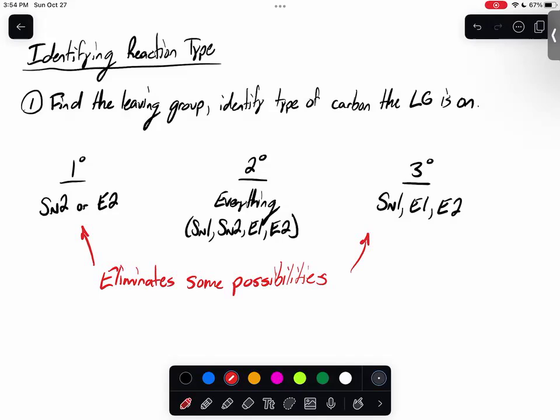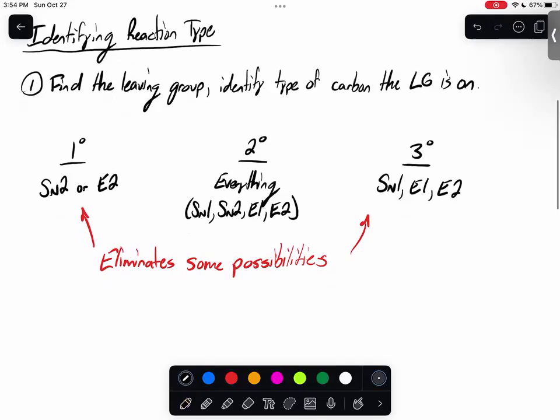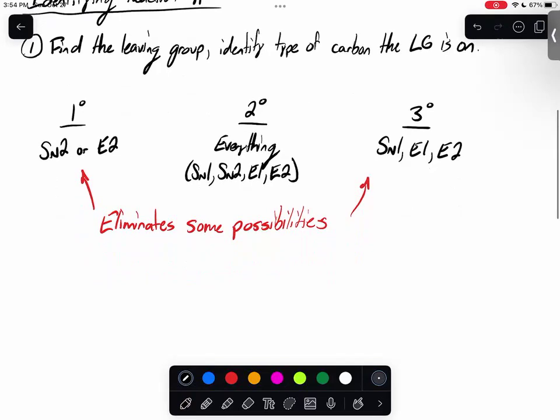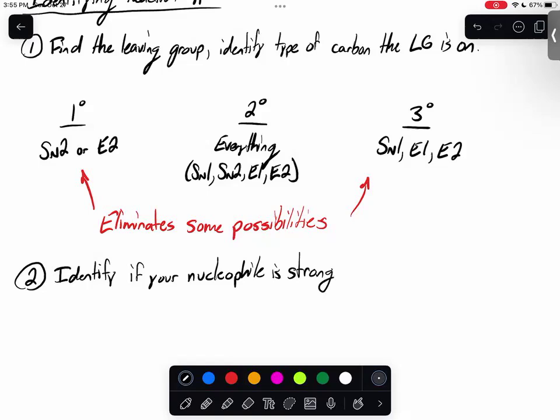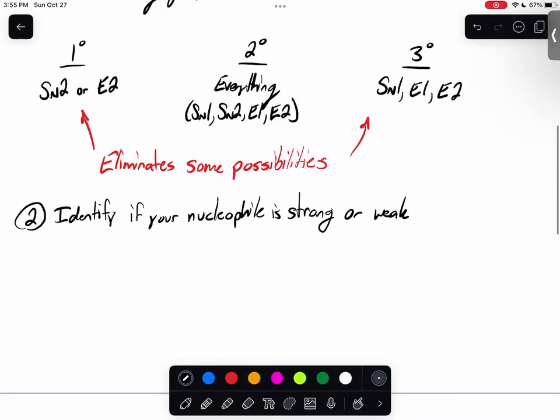So the second thing that you're going to want to do, once you've figured out what type of carbon the leaving group is on, is identify if your nucleophile is strong or weak. Because as a reminder, that can actually change what type of reaction we are looking at. We talked about how SN2 and E2 require strong nucleophiles, right?